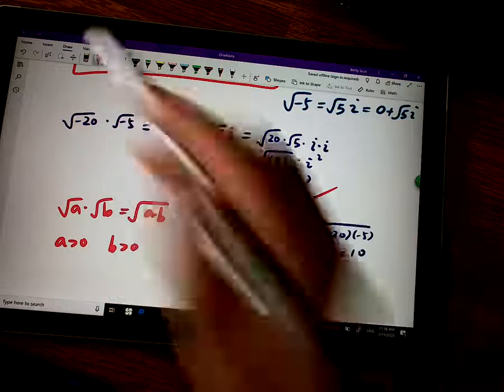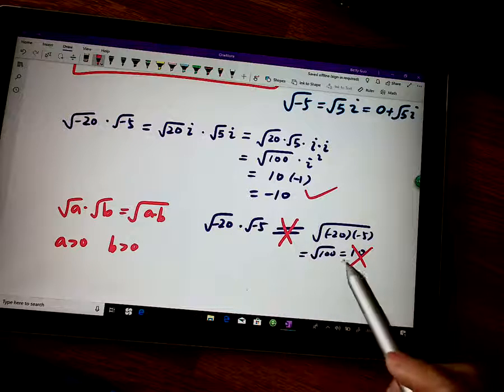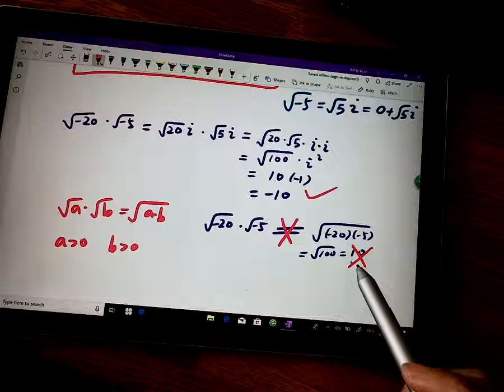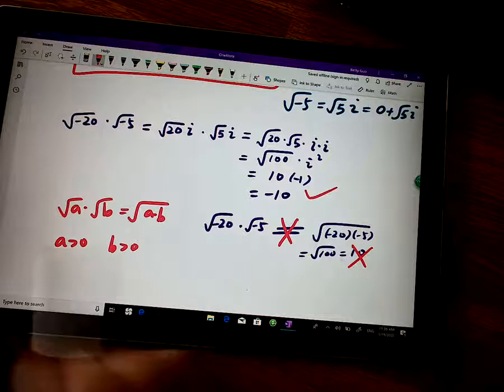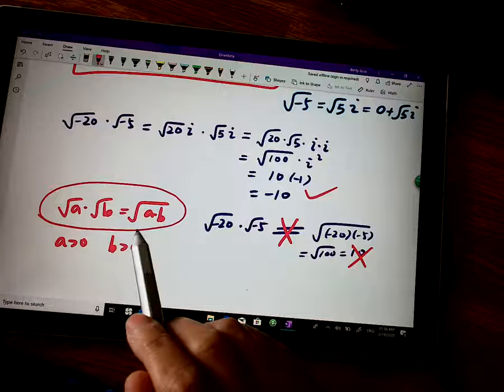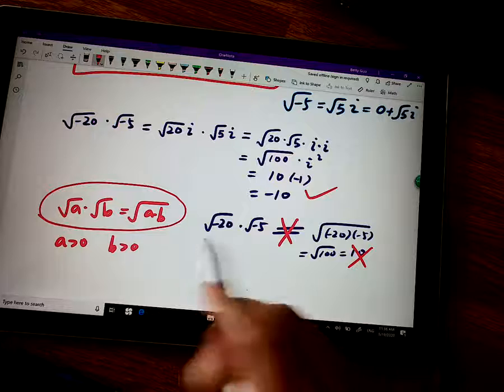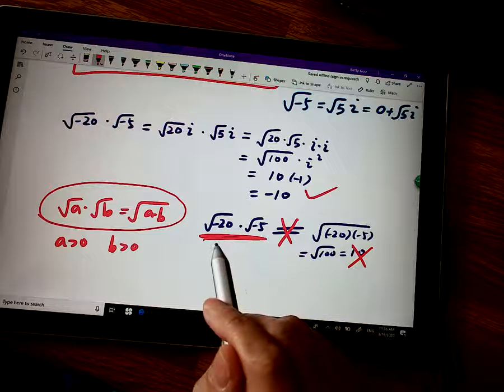They end up with 10. Of course, that's wrong, because the correct answer is negative 10. Okay, so 10 is incorrect. The reason is because you applied this formula, but you are not supposed to apply that because that formula does not apply here.